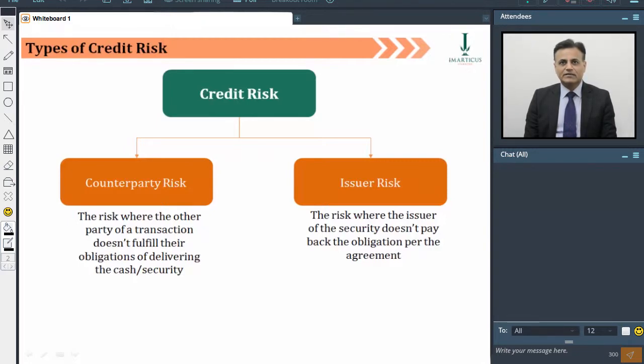Here, the risk is about non-payment of any obligation that are a part of this particular debt security. Issuer is the one who borrows. Any risk as far as issuer not being able to fulfill or perform the obligations related to that particular loan is an issuer risk.